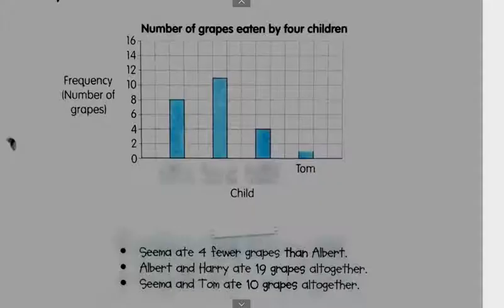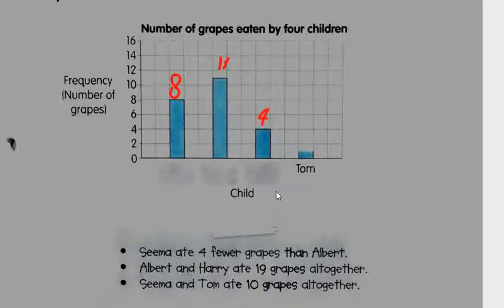Okay, so let's count the bar, what number each bar represents. The first bar we have 8, yeah. And the second one between 10 and 12. What number is between 10 and 12? It is 11. And the third one is 4.